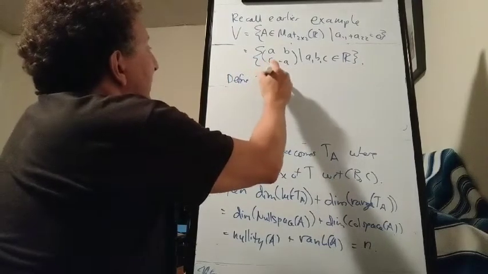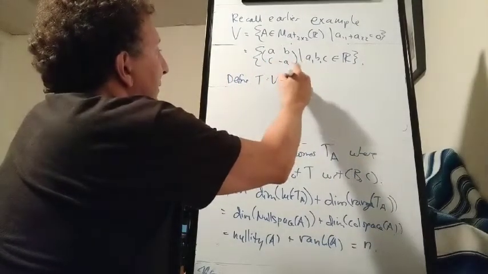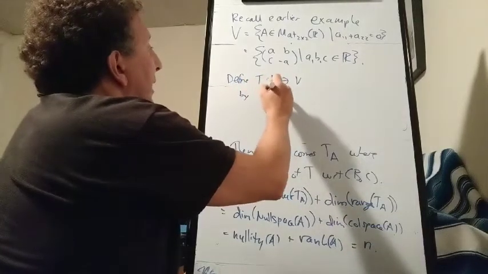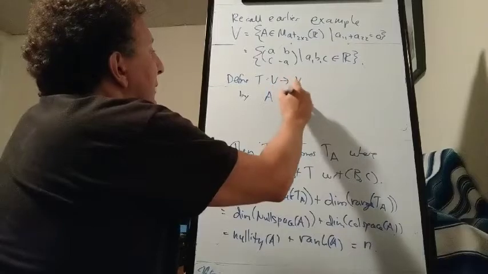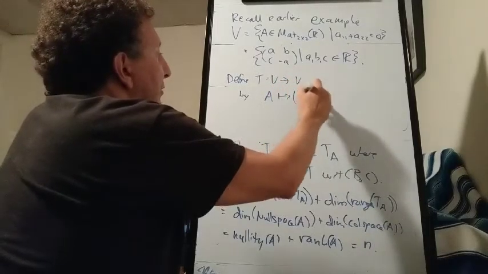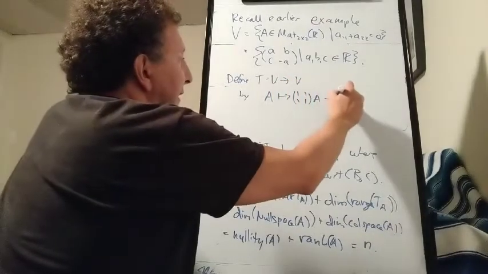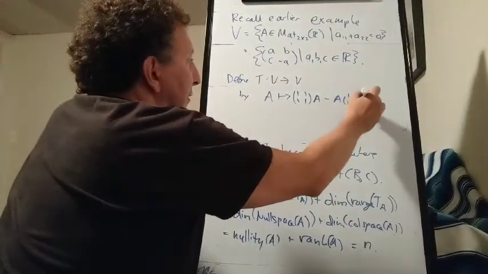And we'll define T from V to itself by A gets mapped to the matrix of all ones times A minus A times the matrix of all ones.